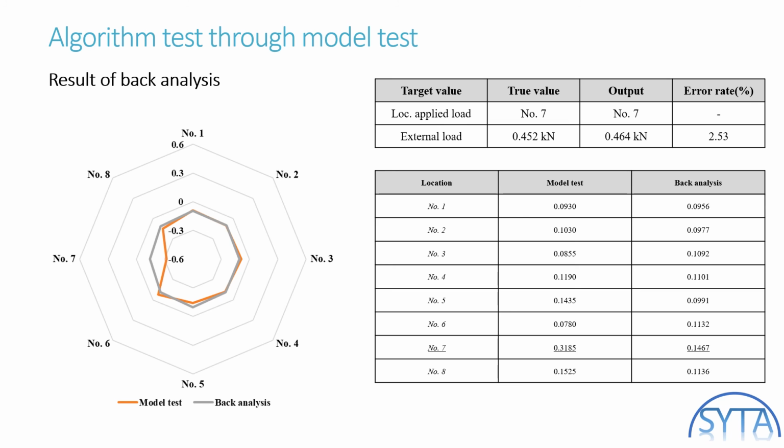There is a difference of about 0.1 mm overall, but the displacement of the 7th hydraulic pressure was 50% smaller than the back analysis result. This is judged to be due to the influence of the ground reaction stiffness, and the error rate is expected to decrease when actual field measurement data is used.